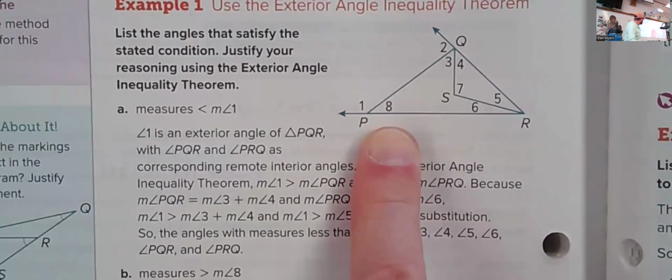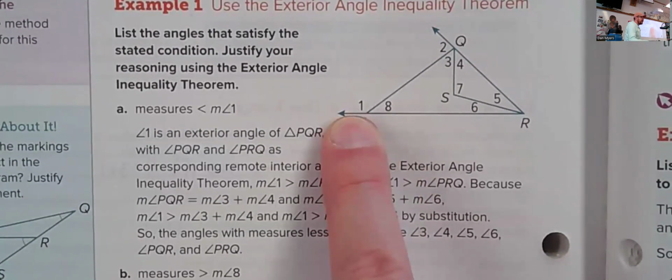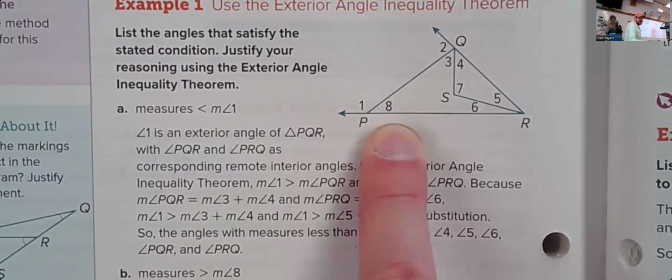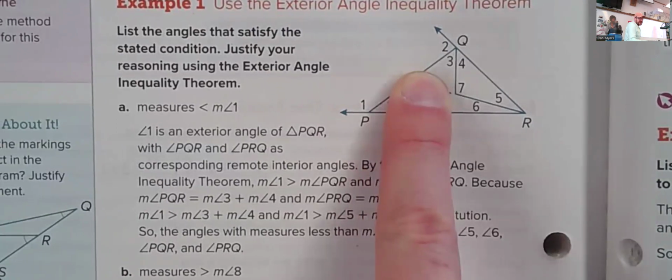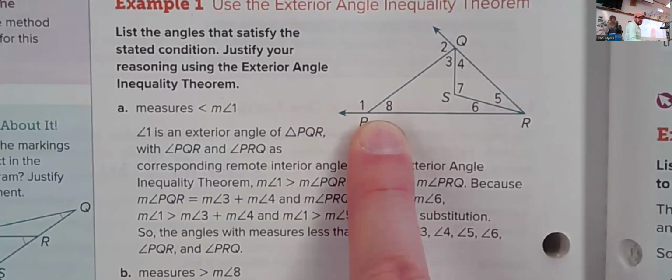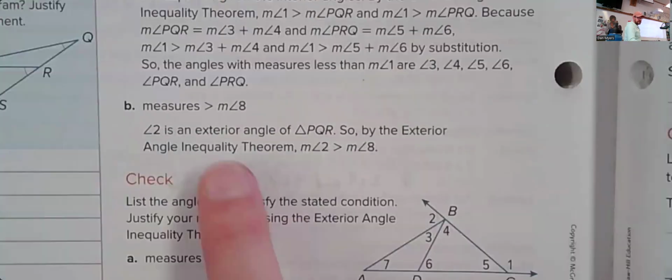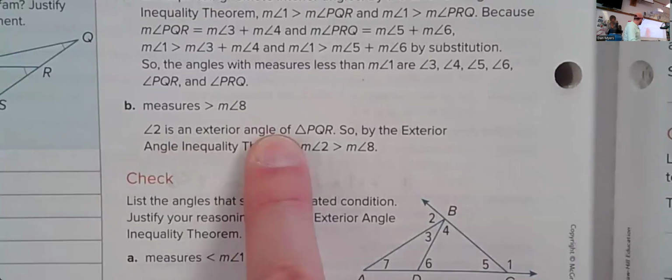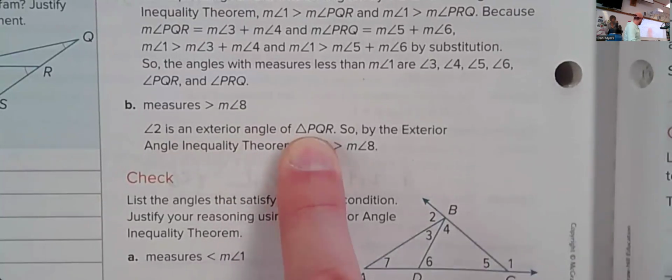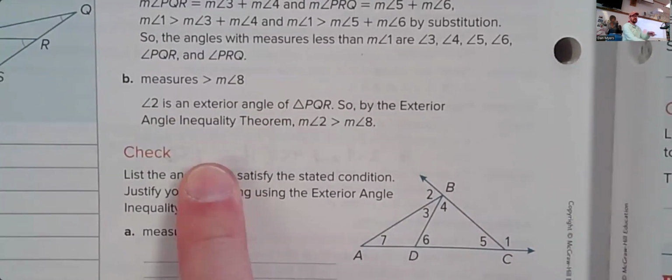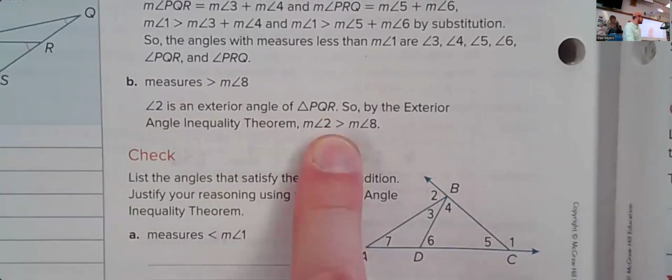Now, angle 8 is adjacent to angle 1, so angle 1 is not the exterior angle for angle 8. Which angle is exterior in relation to angle 8? 2. 8 is a remote interior angle in relation to the exterior angle 2. So angle 2 is exterior to triangle PQR. So by the exterior angle inequality theorem, the only thing we can say for certain is that the angle greater than angle 8 is the measure of angle 2.